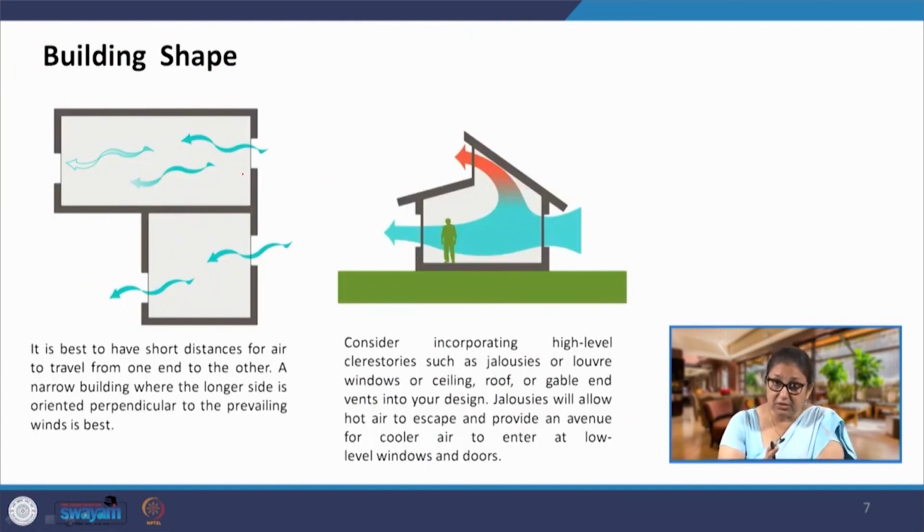The second thing we are talking about when we say natural ventilation has to be enhanced is the building shape. As we have seen, how and where these window fenestrations are provided determines how much area is likely to remain naturally ventilated. If we can see here, there is a slight stack effect in place.